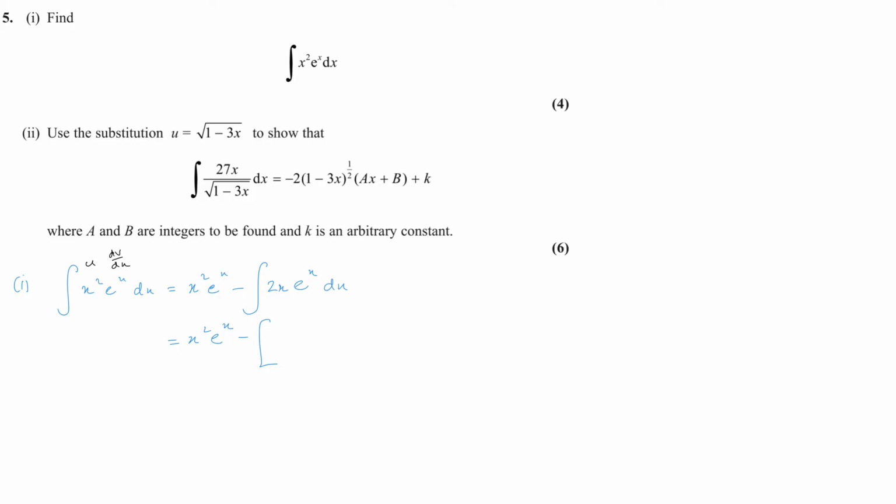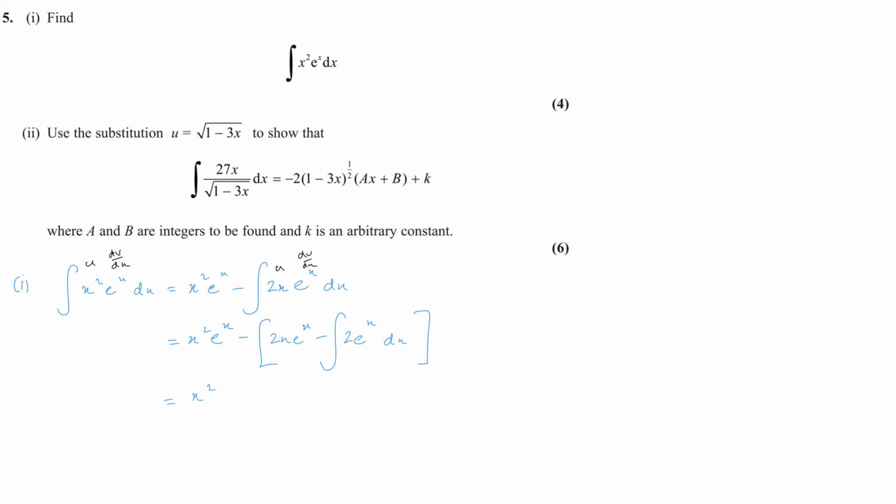Now on the second set, we're going to call this u and this one dv by dx again. And then it's going to be uv, so 2x e to the x minus, and then it's v times by du by dx, so 2e to the x dx.